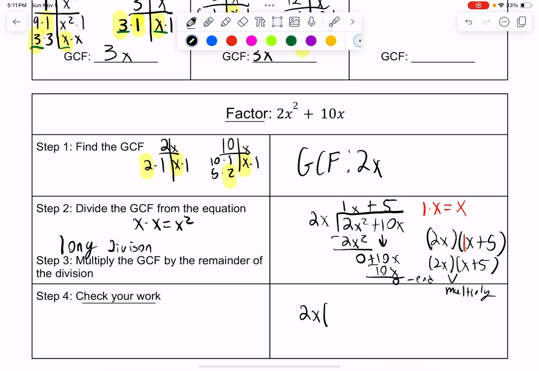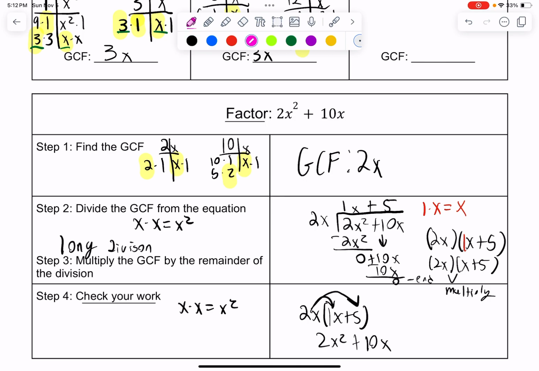So if I do 2x times x plus 5, well, 2x times x, remember that x times x gives us x squared, and 2 times that 1 in the front will give me 2. Then remember, this is our distributive property, so I have to multiply the first term and then the second term. So 2 times 5 gives me 10, and I attach that x at the end.